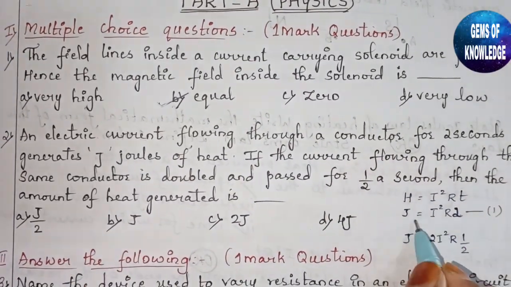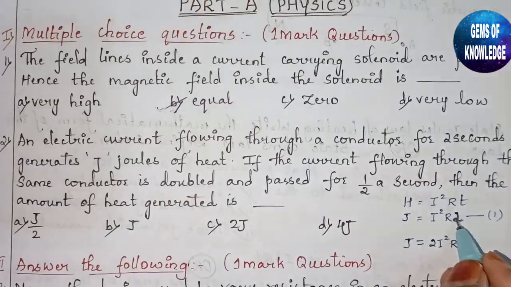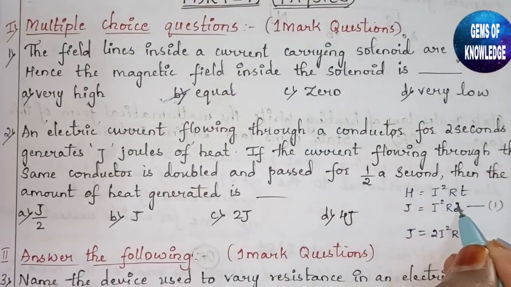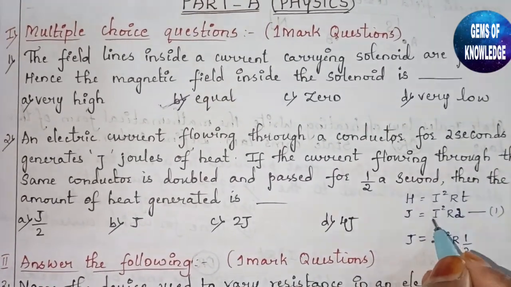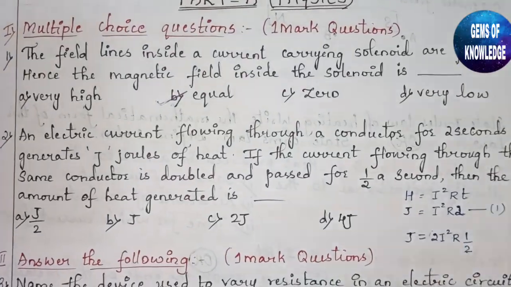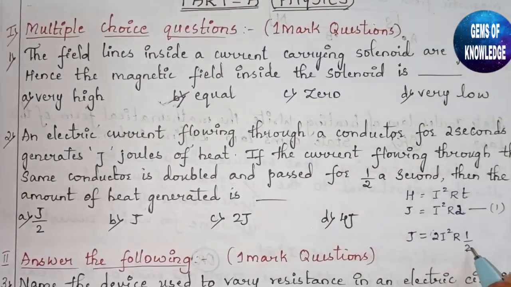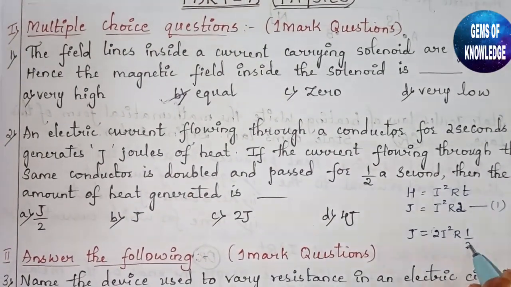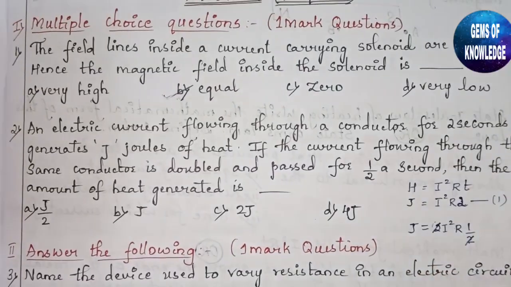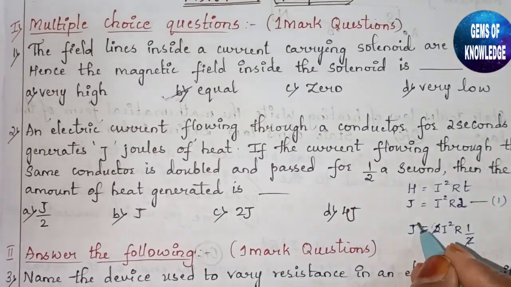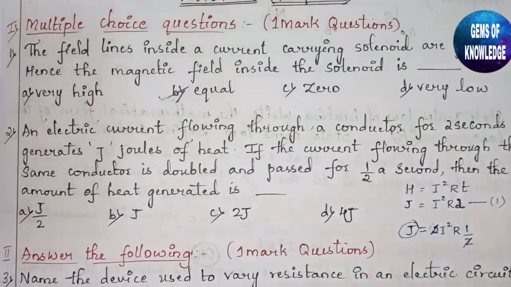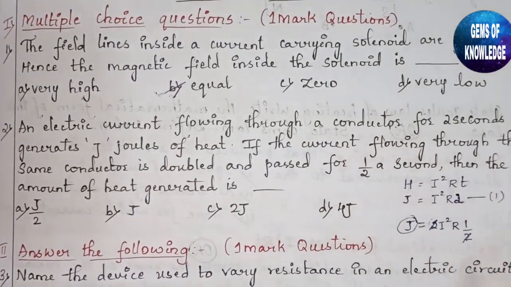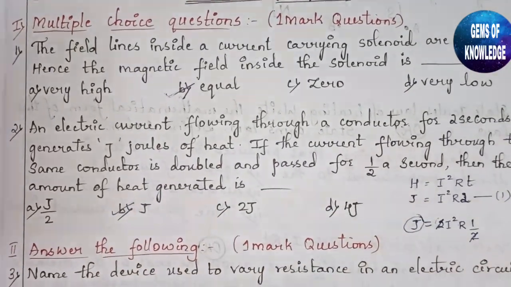Only this condition is altered here: time is changed from 2 to half, and the current is doubled. Now what is remaining? If you alter this, the 2 and the 1/2 cancel, and the heat remains the same. It will be J as it is. So the answer is J itself.